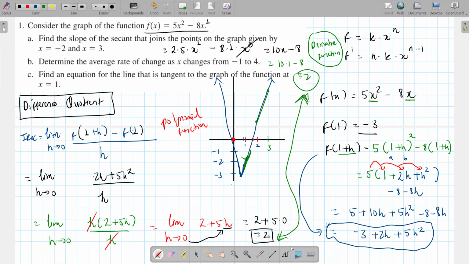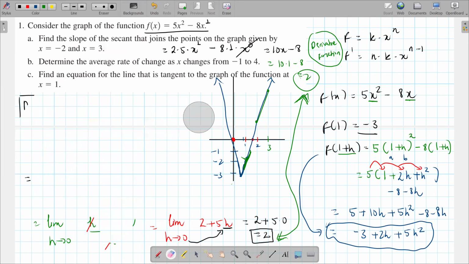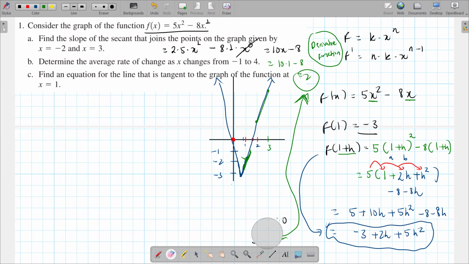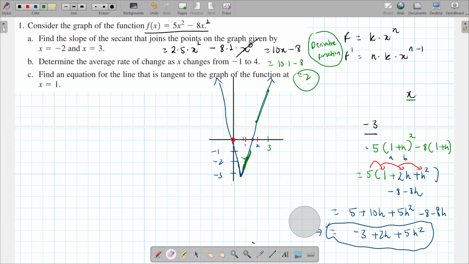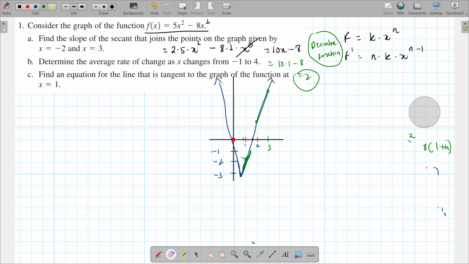And there we go. But the question is not to find the slope. The question is to find the equation. So we found the slope. The slope is 2. Cool. Now we need to find the equation. It's going to be in this form, y equals mx plus b.